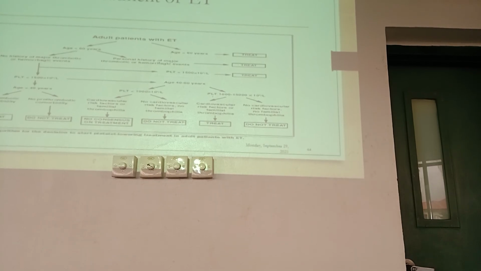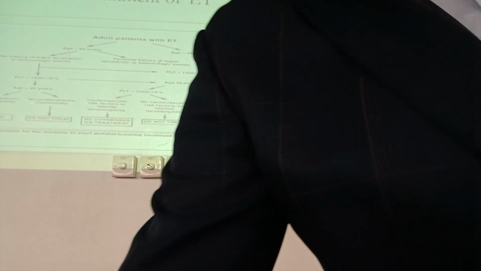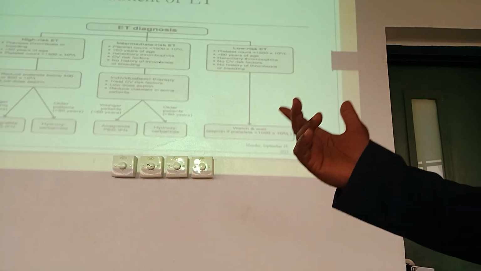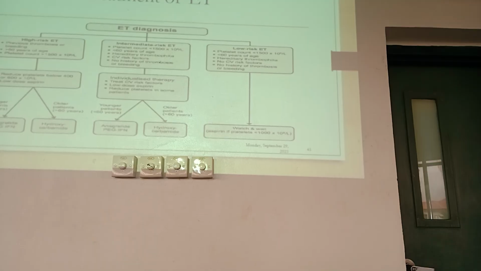Platelet pheresis, you just draw out only the platelets. You are not expected to treat, but you should know this is another algorithm for treatment based on age, based on complications, based on the platelet count.